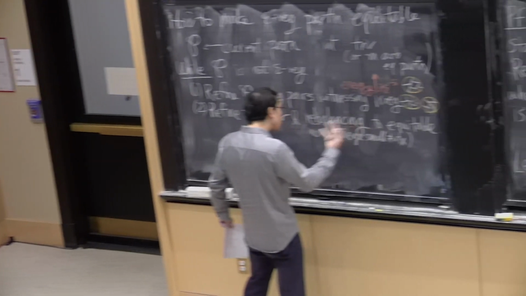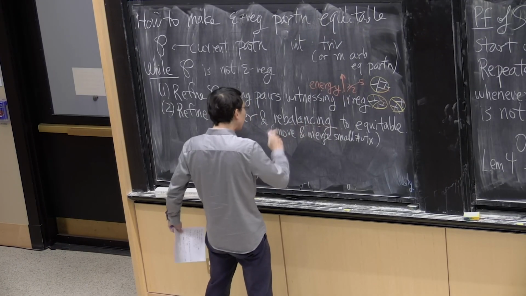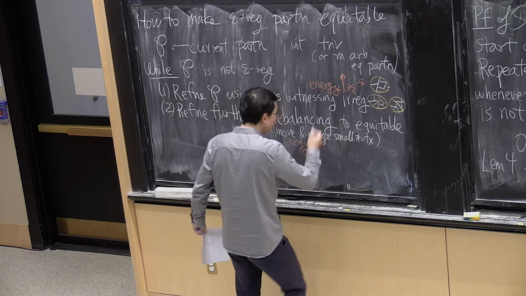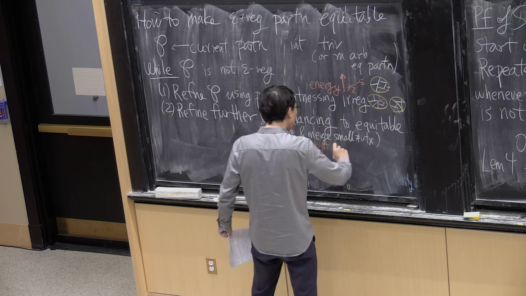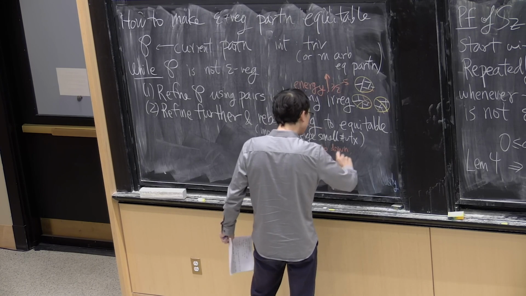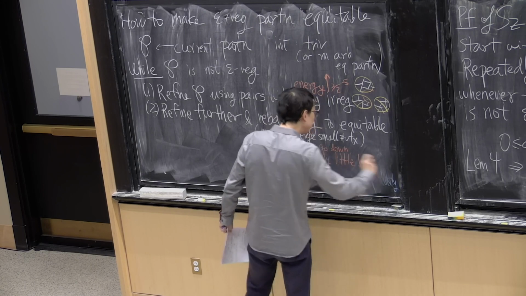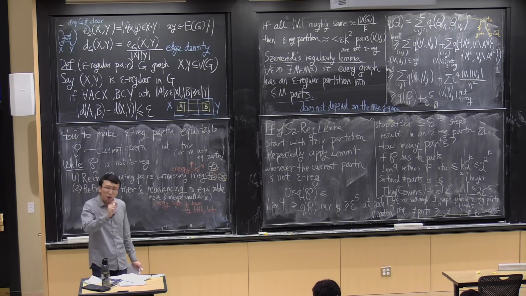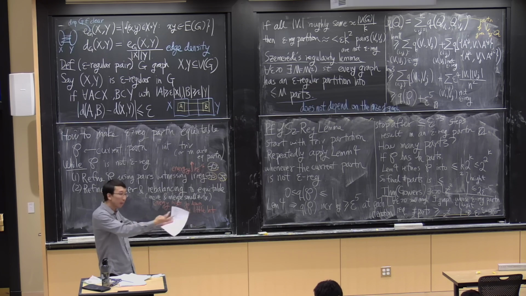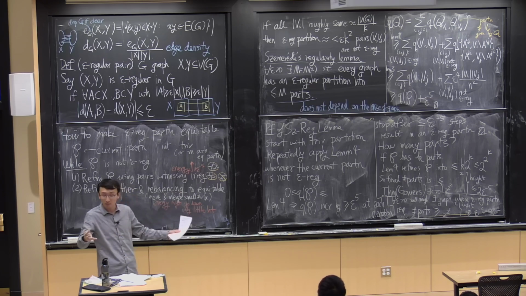So I'll just hand wave here and say that we can do this in such a way where the energy might go down, but only a little bit. So you're only changing a very small number of vertices, very small fraction of vertices. Right, so if you change only an epsilon fraction of vertices, you don't expect the energy, which is something that comes out of summing pairs of vertex parts, to change by all that much.